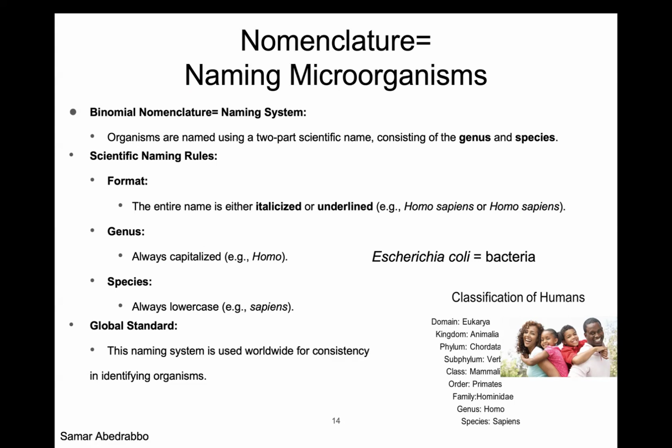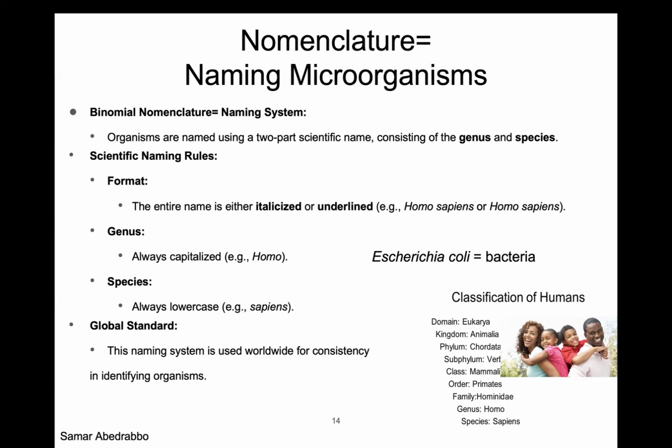So for example, there's a bacteria called Escherichia coli. Escherichia is the genus because it's the first word. Coli is the species.